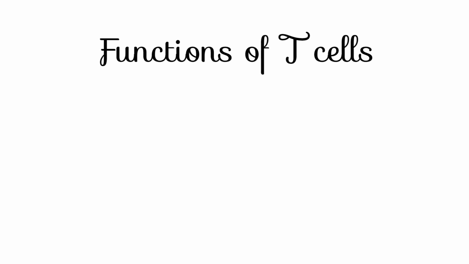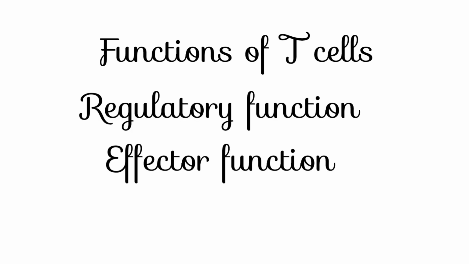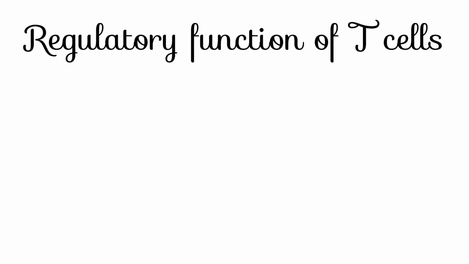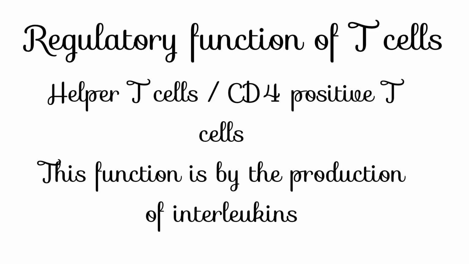T cells perform several important functions, but we can divide those functions broadly into two categories. First is the regulatory function of the T cells. Second is the effector function of the T cells. The regulatory functions are mediated primarily by the helper T cells, which are also known as the CD4 positive T cells, and they perform these functions by producing several kinds of interleukins.